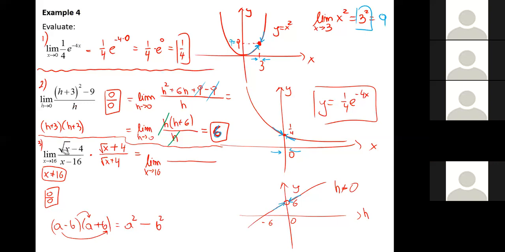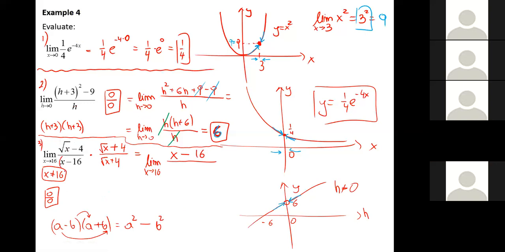Square root of x squared is just x, if x is positive, and close to 16 it is positive. Quantity b, the second quantity 4, it's squared, it's 16, and the minus between them. Okay, we can see x squared, square root of x squared is x, 4 squared is 16.